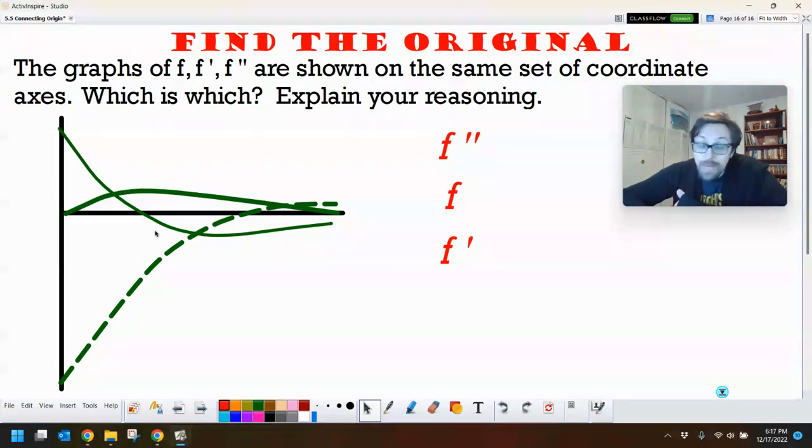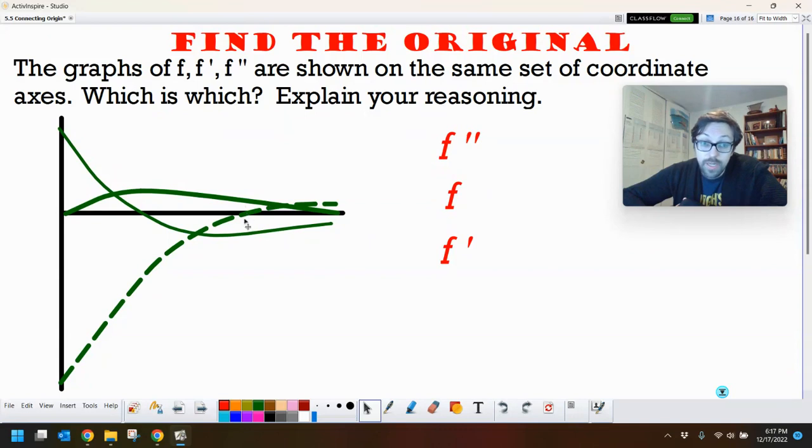So this must be the derivative of that one. Now, the only question is, is this the derivative of the solid line or related to the thick line? Right here, this thing is shifting from being negative to positive, and this one is shifting from being decreasing to increasing at this point.